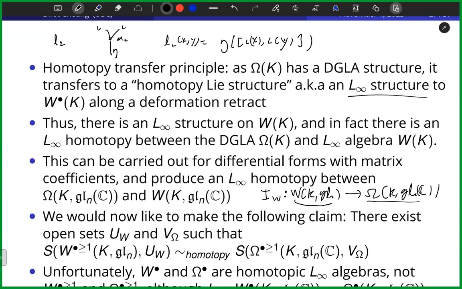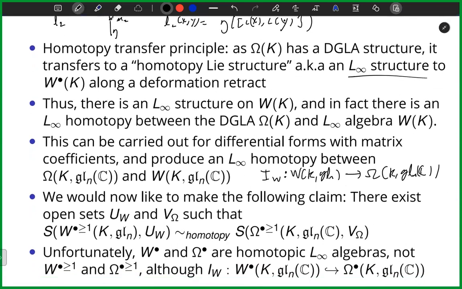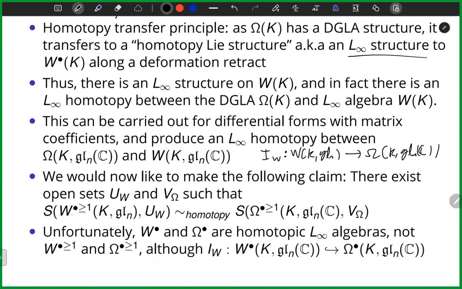Right. So we have this L infinity algebra that's the deformation retract of this differential graded Lie algebra. Now we would like to make the claim that we can find these open sets so that the corresponding L infinity spaces are homotopic. But note this sleight of hand here, where we restrict these gradings to be strictly positive.